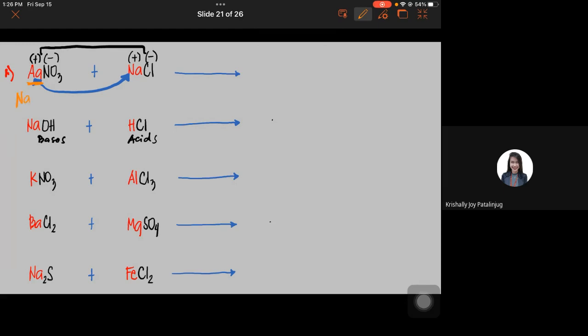So you extract the ion form of sodium. Okay? So sodium is Na plus, followed by nitrate. You can now write the chemical formula of one product, and that is sodium nitrate.